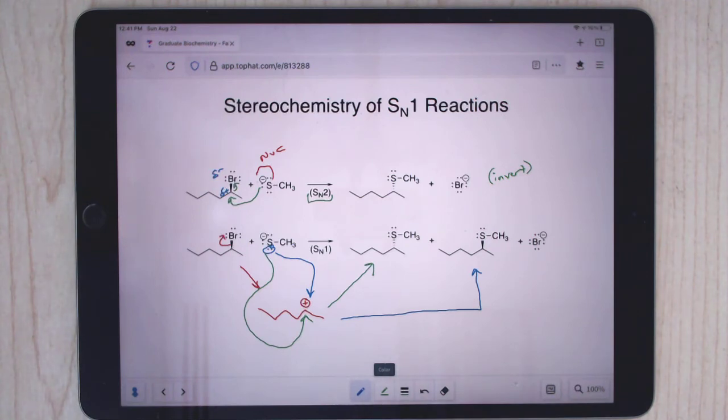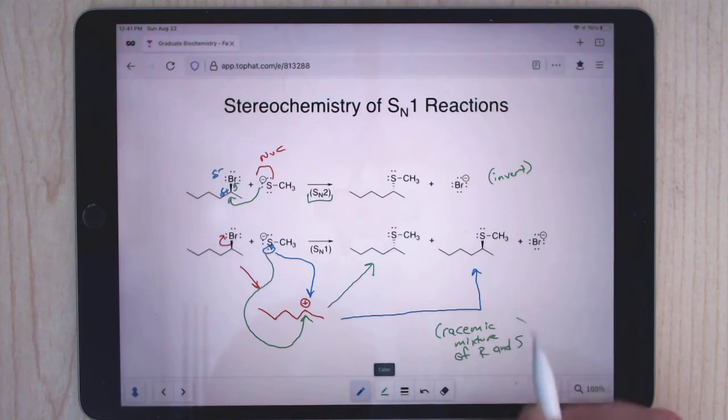So there's no preference on which way it's going to go. And so you're going to get both. You're going to get this racemic mixture of R and S, no matter what you start with.